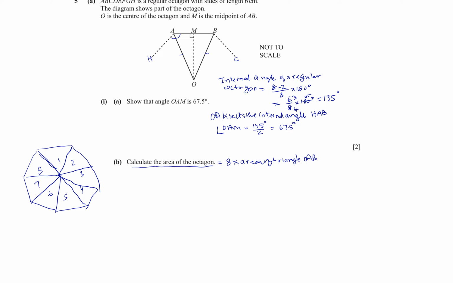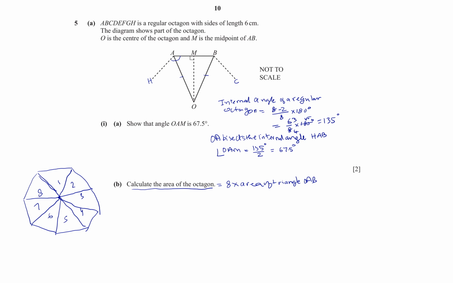So the area of triangle OAB is half times base times height. We know what the base is. The side length is 6, so this will be 3 and 3. So I can write AM is equal to MB is equal to 3 centimeters. I also know the angle, half of the internal angle, 67.5.